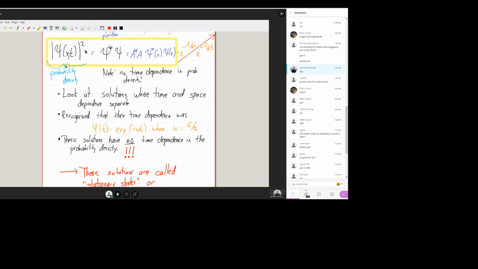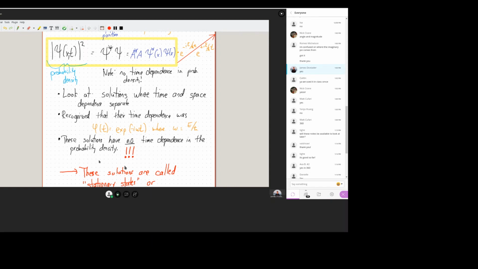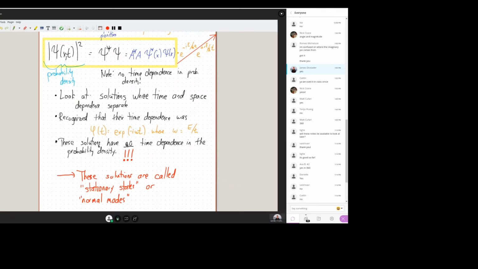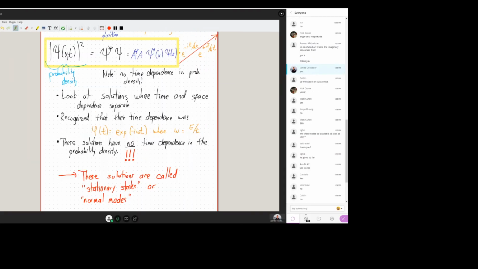I'm having to do this because Blackboard Collaborate is really annoying, and its screen share feature doesn't let me do a thing that I really want to do. Okay, can you all still see what you need to see on Blackboard Collaborate?